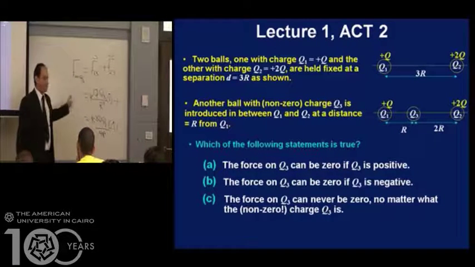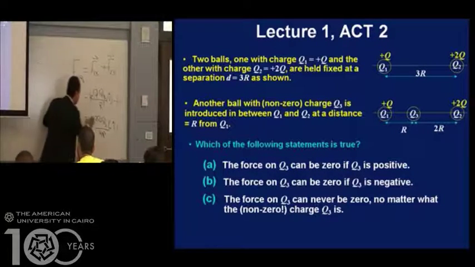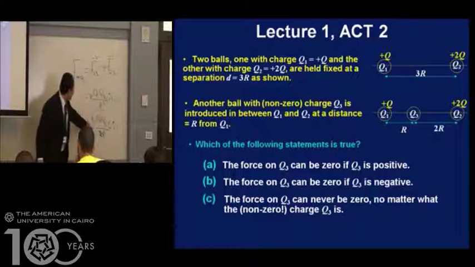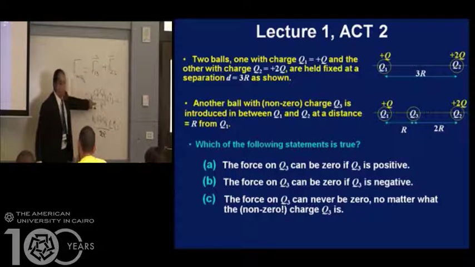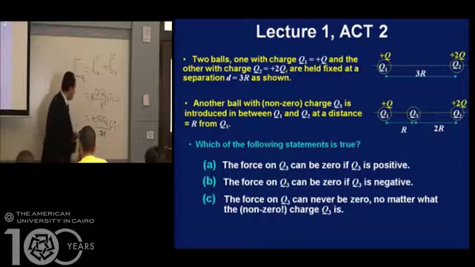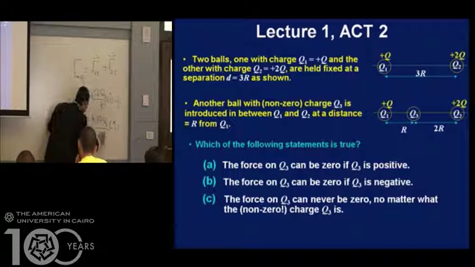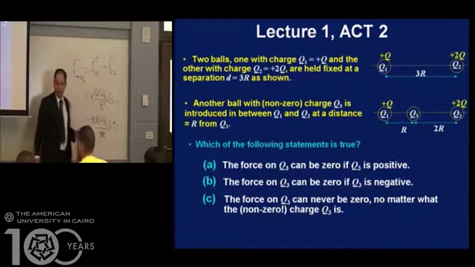Can we get 0? No. Simply, this is going to be half of that. That was 4, and we had 2 in here. Okay?